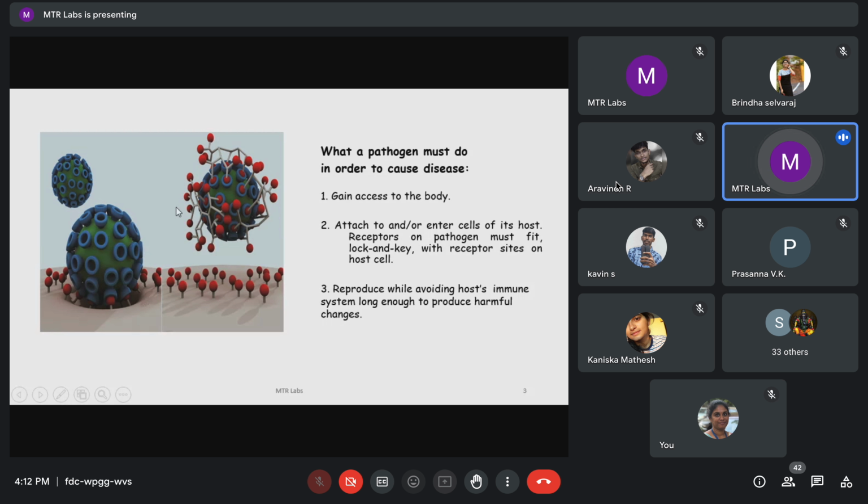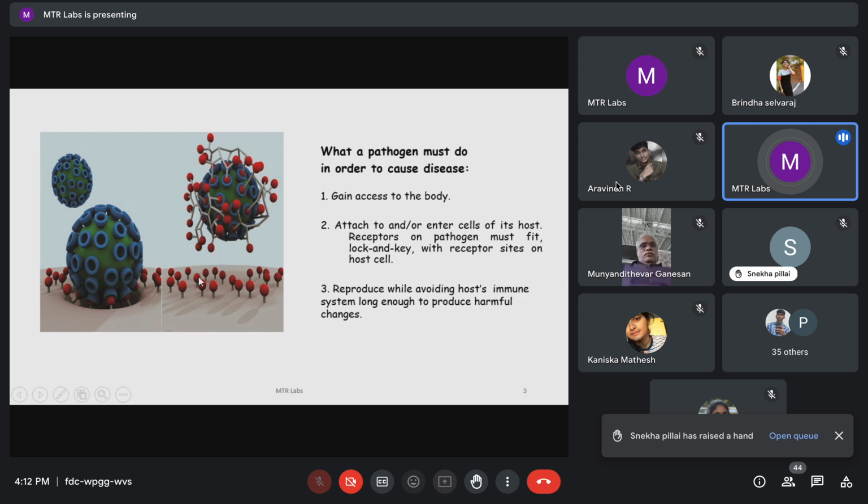Receptors on the pathogen fit into the host cell receptors through a lock and key model. So wherever there is a proper fit, it gets access and enters the cell. But whenever there is no proper fit or no receptor to fit, then it doesn't enter.